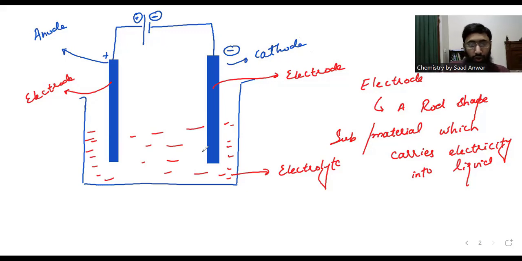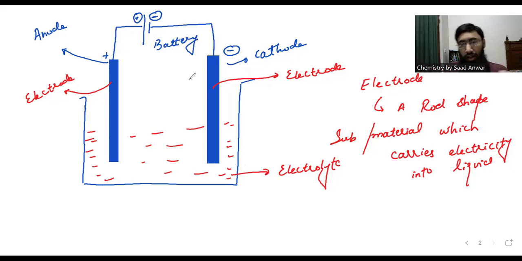So this is my electrolyte. An electrolyte means a liquid, a solution which has the capacity to conduct electric current, to allow electric current to pass. And this is the battery, and the battery is a source of current.